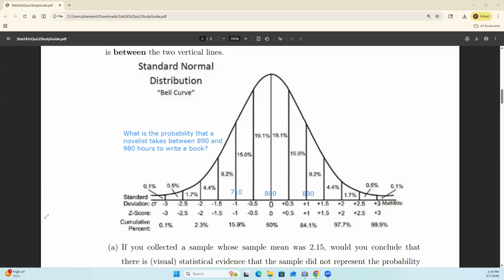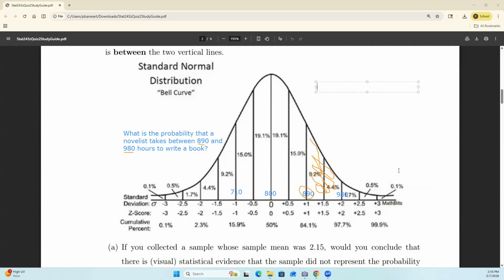And what are the boundaries on the area I'm looking for? Yeah, so I come over here and I find the 890, and then I figure out where should the 980 be. And I believe it's going to be right about there, right, which is 2 standard deviations away. And then I need the area in between, so it's all of this.